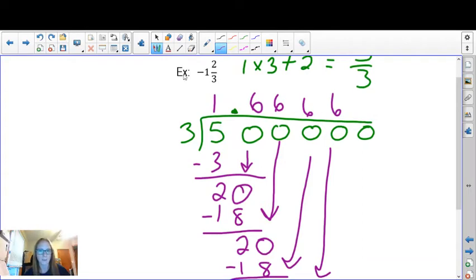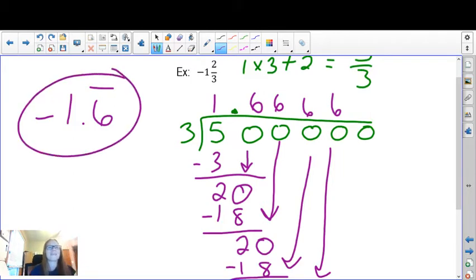So this example, -1 and 2/3, is a repeating decimal. And this repeating decimal is -1.6 with a line over it. We use that line to indicate that it keeps going on and on forever.